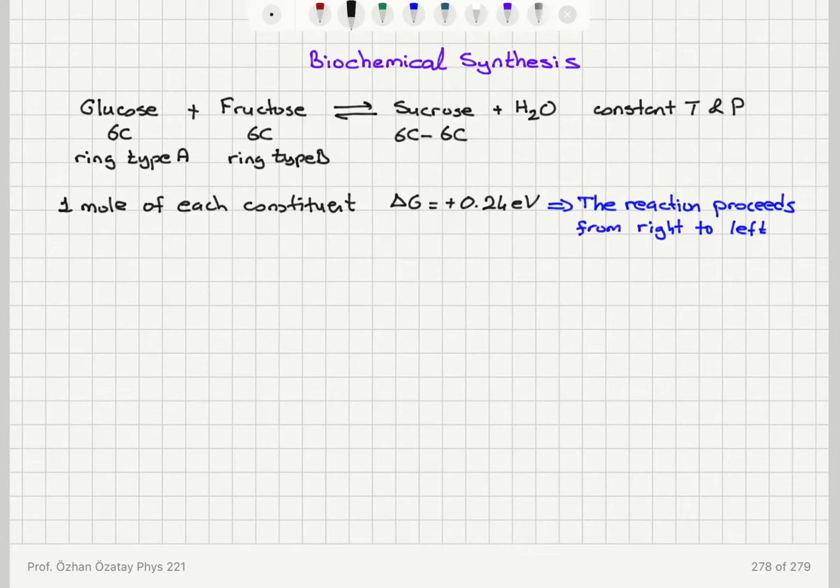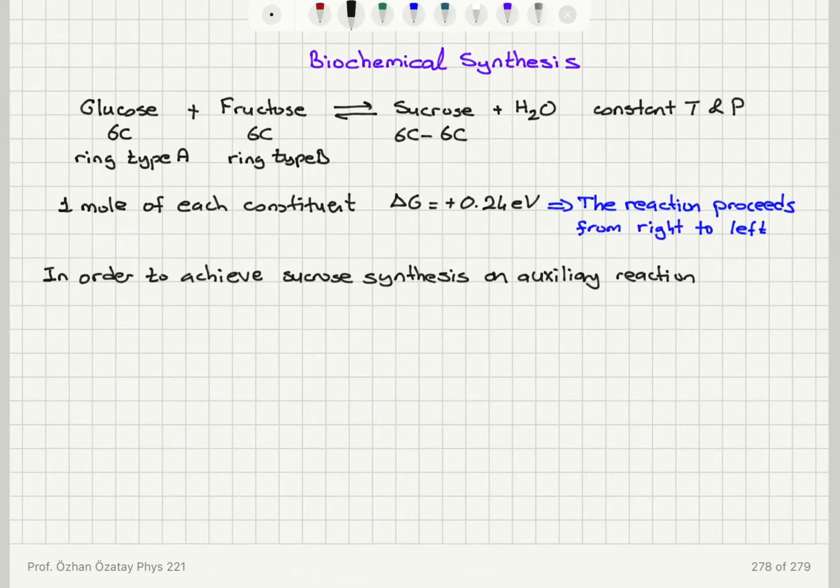So that means in order to achieve sucrose synthesis, we need to have an auxiliary reaction. This requires an auxiliary reaction which has a negative change in the Gibbs free energy, such that the total change in the Gibbs free energy will be less or equal to 0.